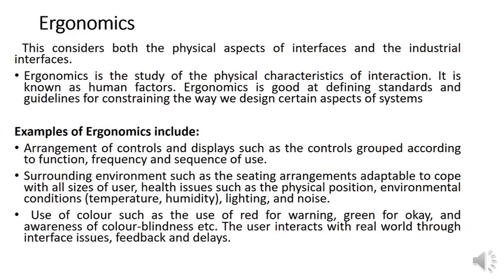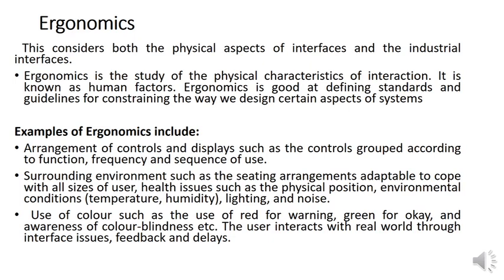Examples of ergonomics include: arrangement of controls and displays, such as grouping controls according to function, frequency and sequence of use. Surrounding environment, such as seating arrangements adaptable to cope with all sizes of users, and health issues such as physical position, environmental conditions, temperature, humidity, lighting, and noise.